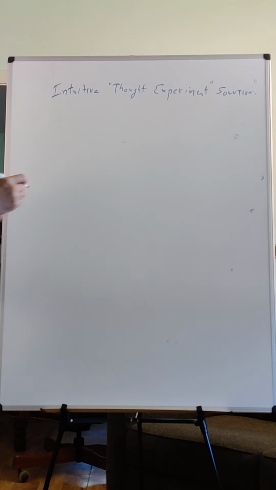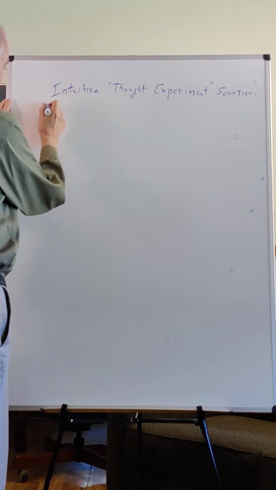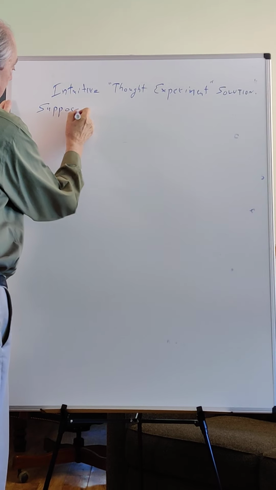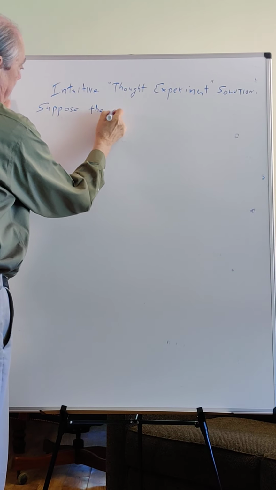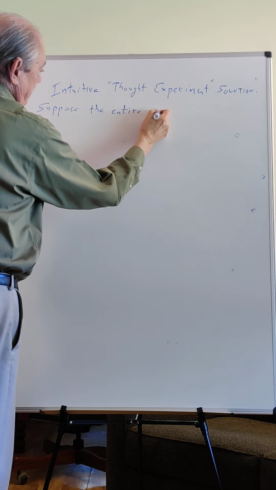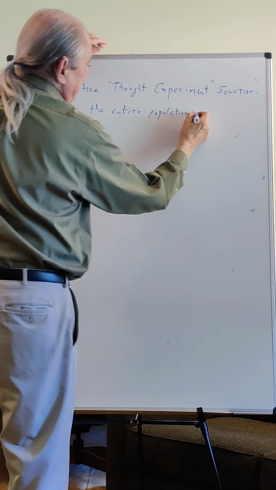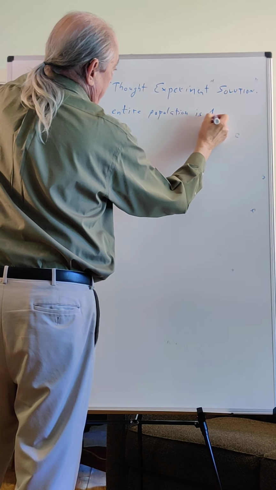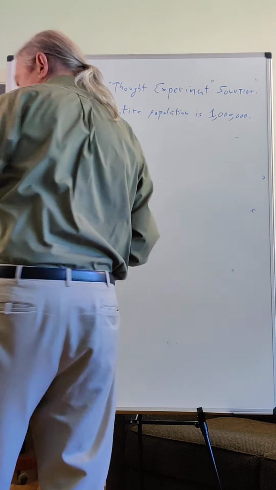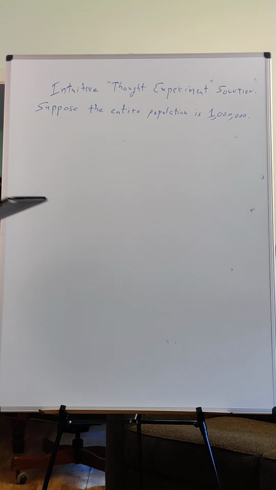Okay, so suppose the entire population is 1 million. That's how we start. It can be any large number. Now, how do we justify that assumption?